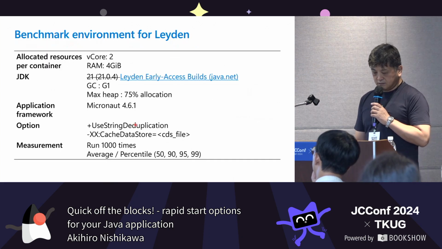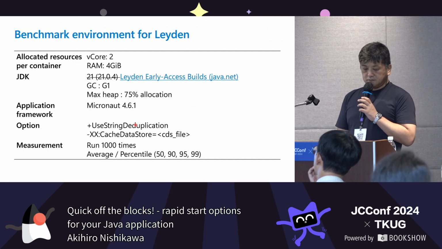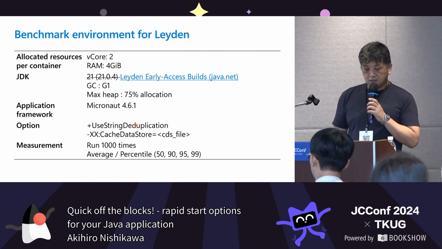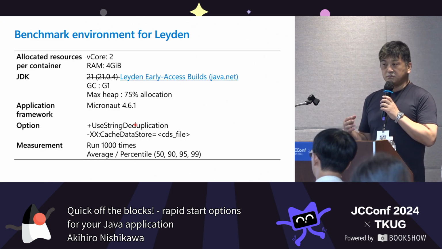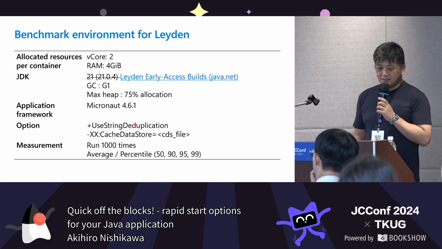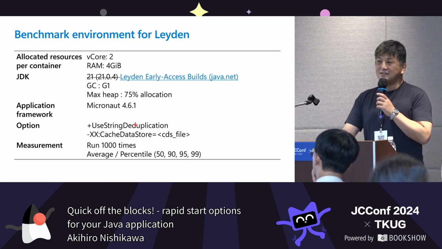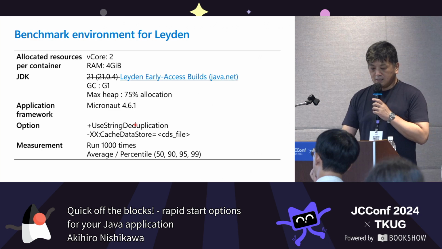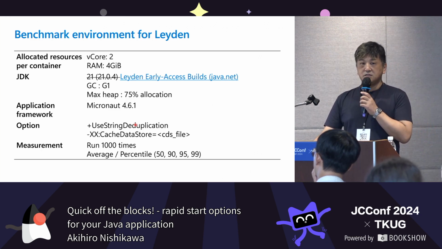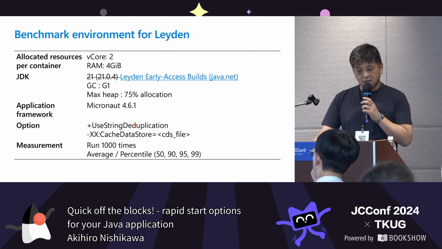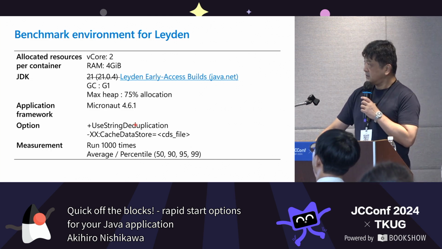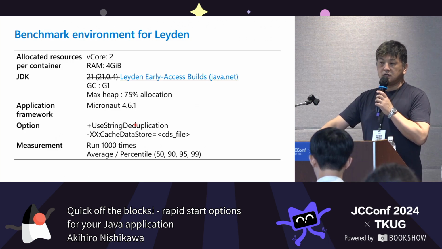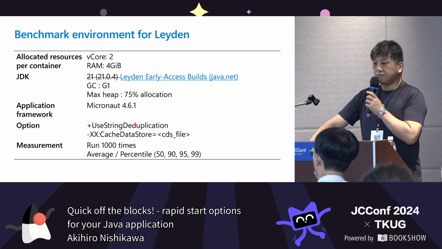Now, if Project Leyden is used, the benchmark environment should be modified, because Leyden applied JDK is not generally available. So we have to use the Leyden early access build. This is based on JDK 24, and you can get the JDK 24 early access build from OpenJDK.org.